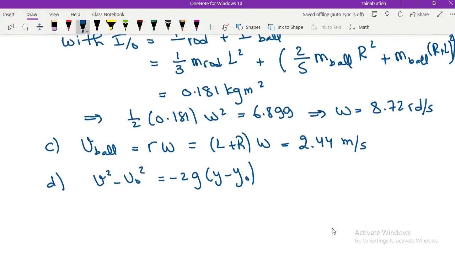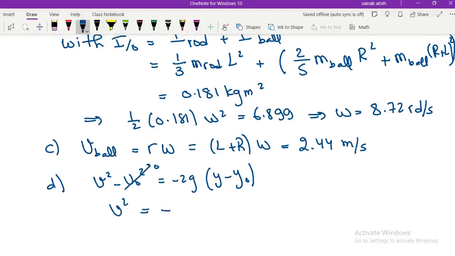In this case V0 is 0 because initially it was at rest, so V squared equals minus 2 times 9.8 times y minus y0. I take the y axis upward, so since the ball went down, y minus y0 must be negative, which is minus 0.28. Delta y is negative because I went down.